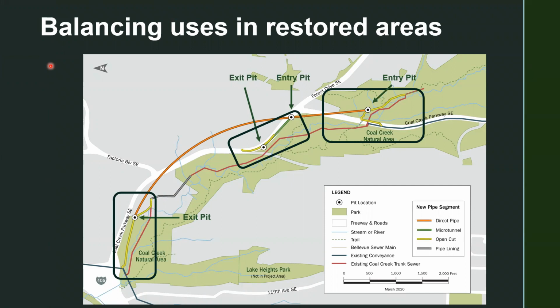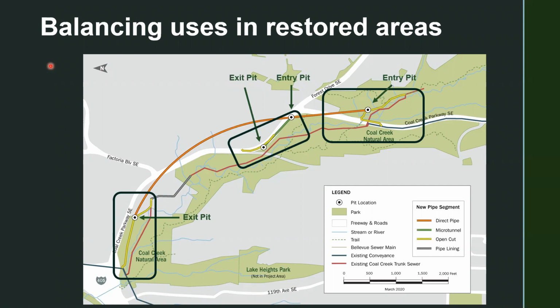The stream and the habitat around the stream and the forest land is of paramount importance. At the same time, so many people look to Coal Creek for recreational opportunities, and the needs of people who are recreating in the natural area need to be taken into account.